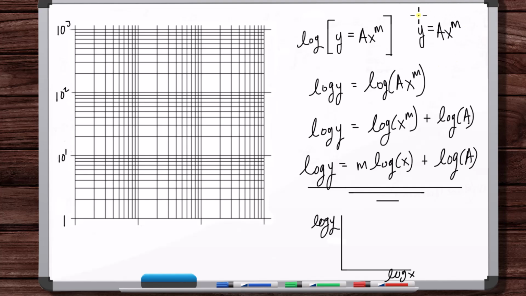And that's why if you plot this power law here on log paper, it's going to come out linear. Now, we did log base 10 here, the common log, but the properties of logarithms apply for any base log, and so this will come out linear on any log plot.